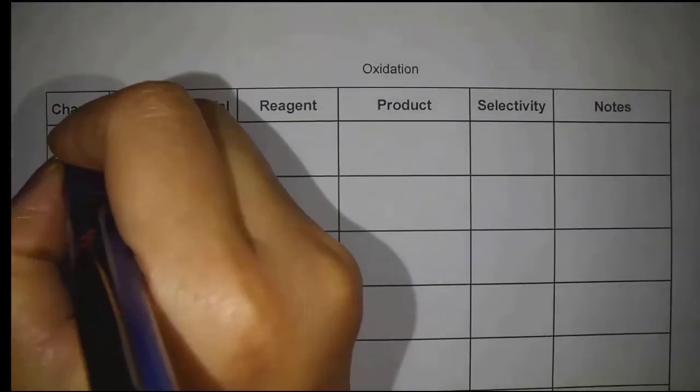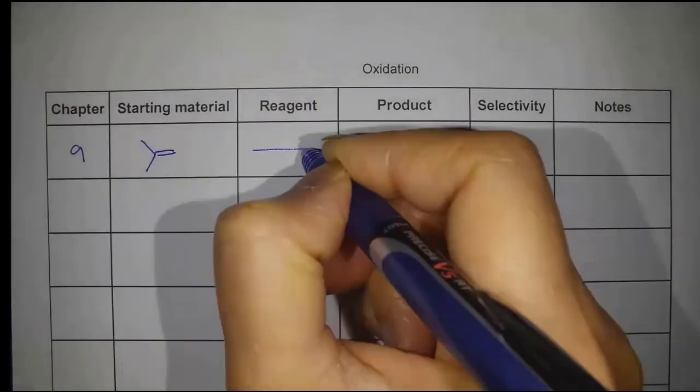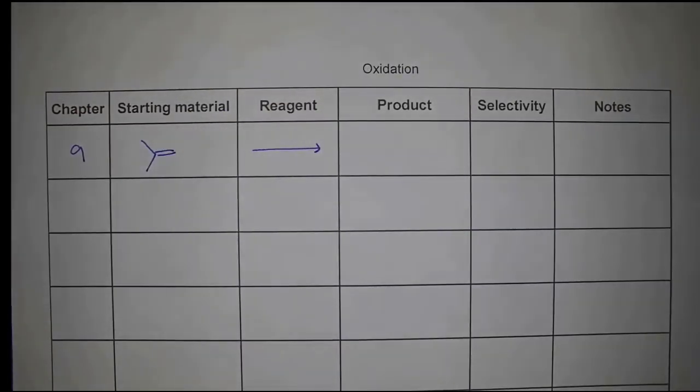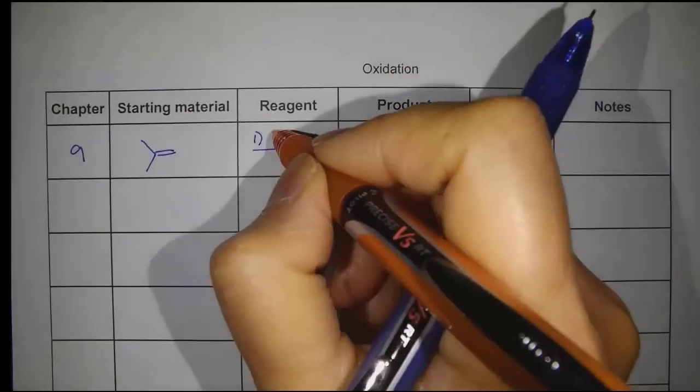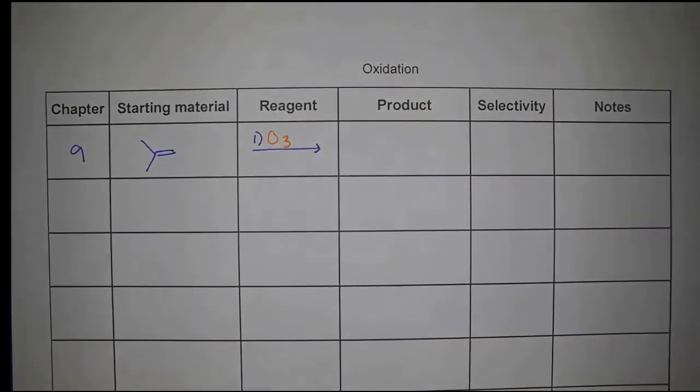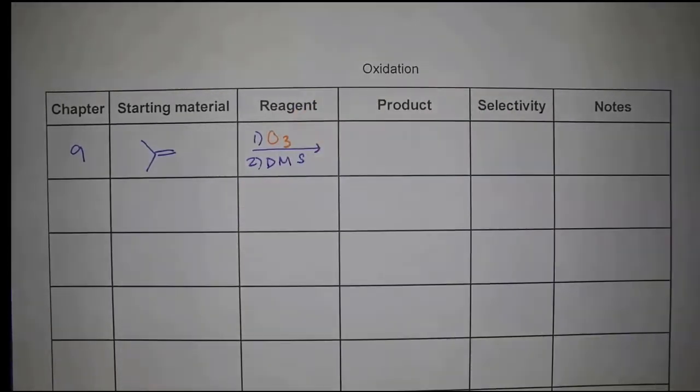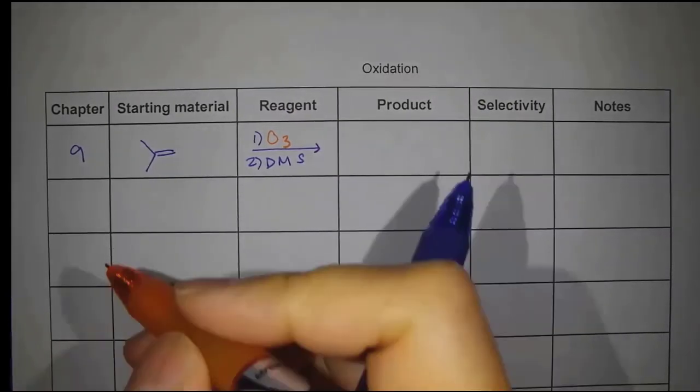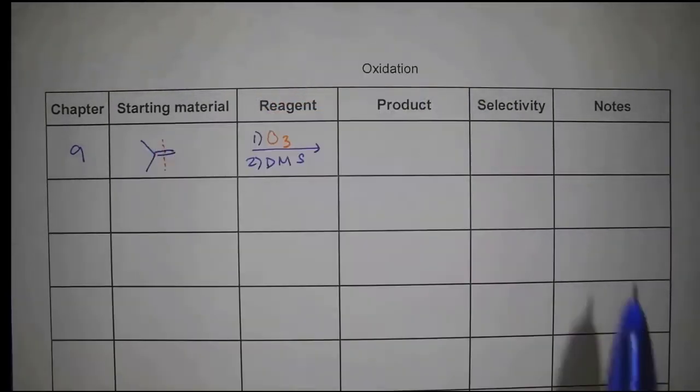This is 9. So we have our alkene here. And this reagent is ozonolysis, or ozone, O3. And we work that up with DMS. And what that does is it cuts this double bond in half.